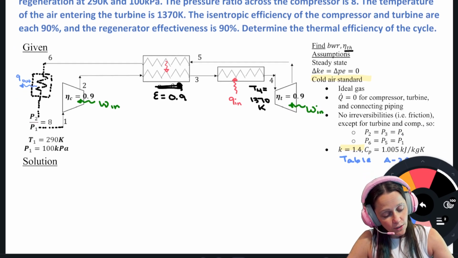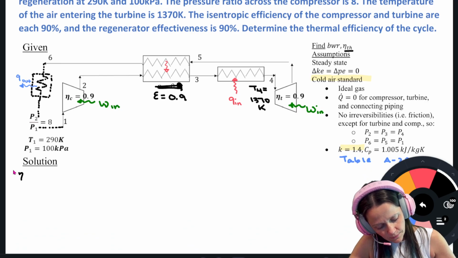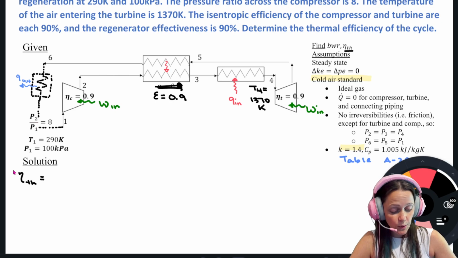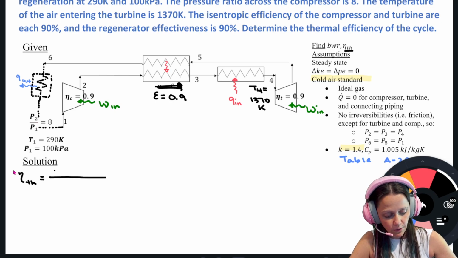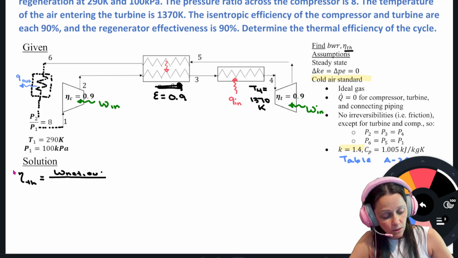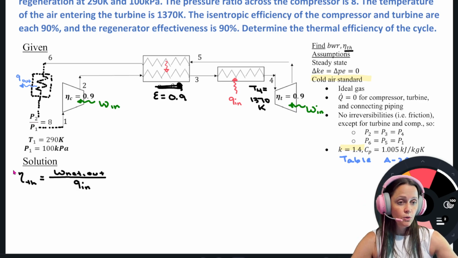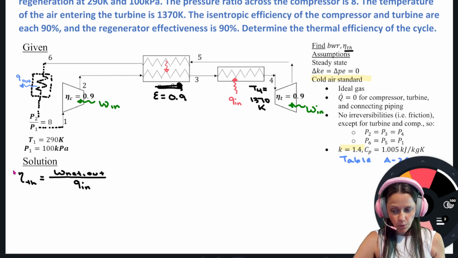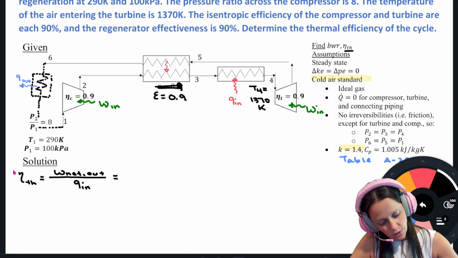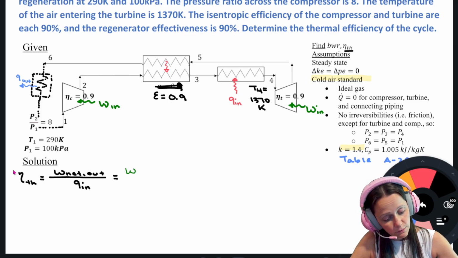All right. So first things first, let's get our equation for thermal efficiency. I can do this two ways. I can write this as work net out over Q in, which is any work out minus any work in. And I have one of each, right?